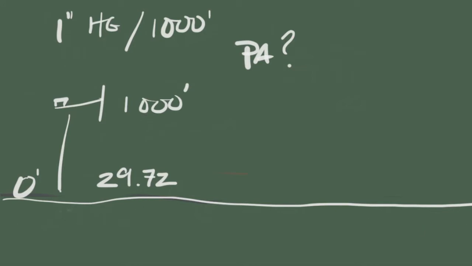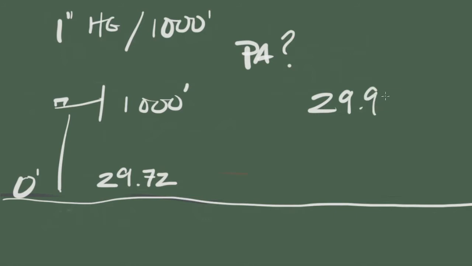So in this case, we use an imaginary line using the standard lapse rate. We say that the line of standard pressure is going to effectively be an imaginary line below sea level. Okay. And just how far below requires us to do a little math again.